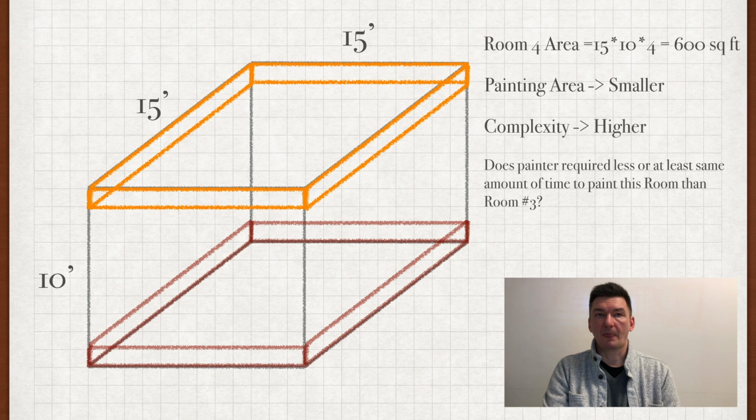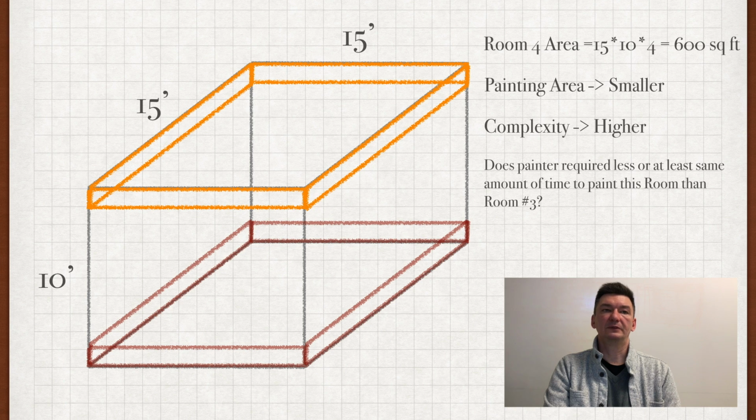But how much more? We don't know, because painting and applying green tape are two different tasks. Can we say that protecting the baseboard and the crown molding with green tape requires the same amount of time? Again, probably not. In order to apply the green tape to the crown molding, we have to use a ladder.